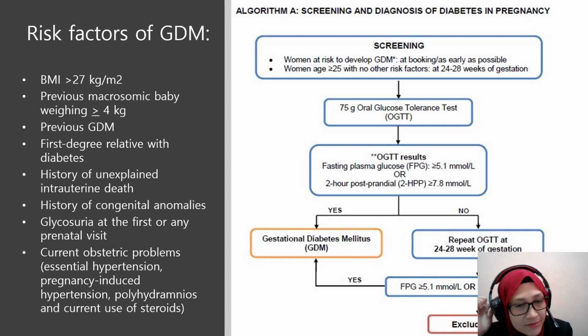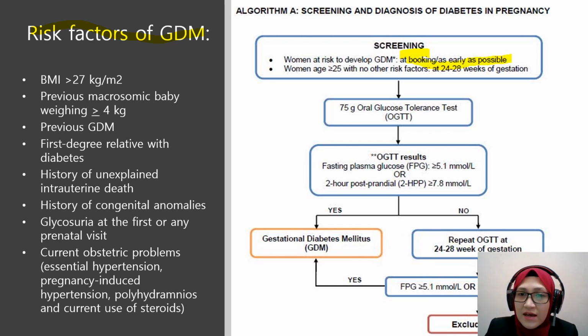So these are the problems that might increase the risk for them to get GDM. So during the screening, for those who have these risk factors to develop GDM, we might need to do the OGTT test as early as possible or during the booking.